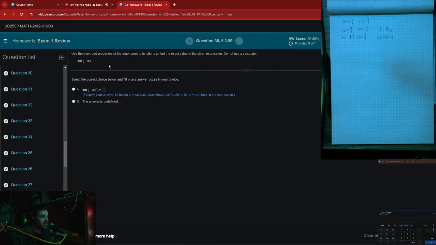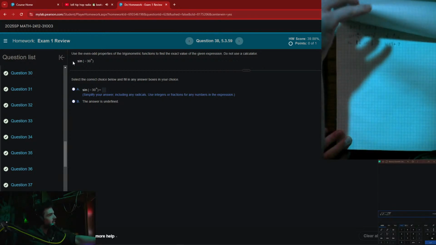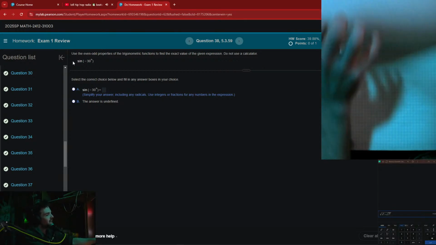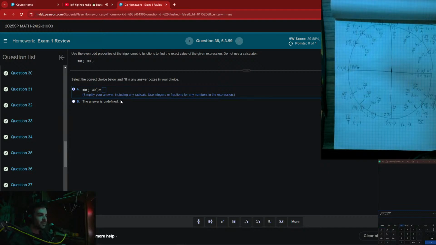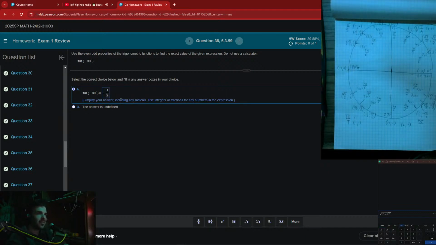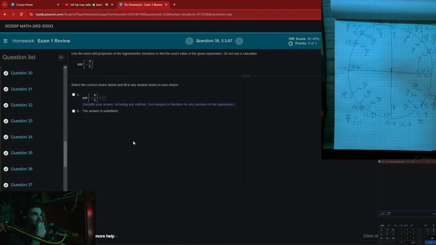I'm pretty sure this is just saying, because we have negative 30 degrees here, we can just take the negative, put it outside, and do the unit circle thing for 30 degrees. Since it's sine, which I believe is 1/2. And see how that works. Nice. Easy.